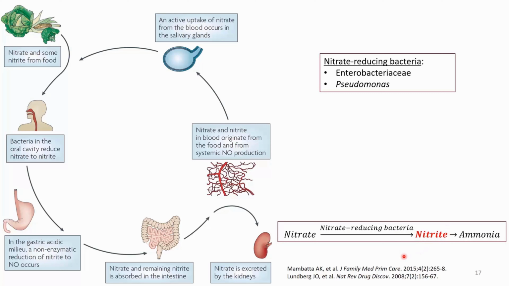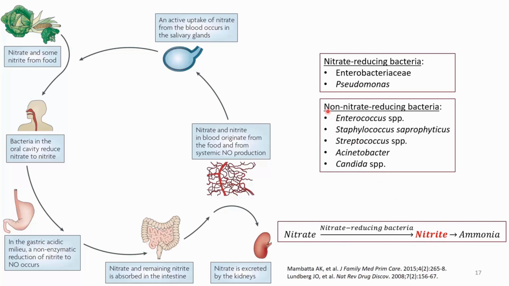So when you do your test, nitrite shows up negative. That's why, if it's positive, it suggests there are bacteria, but if it's negative, it doesn't necessarily mean that there are no bacteria. Of course, if you don't have bacteria, nitrite would be negative. But if you have too much of nitrite-reducing bacteria, you will also not see nitrite.